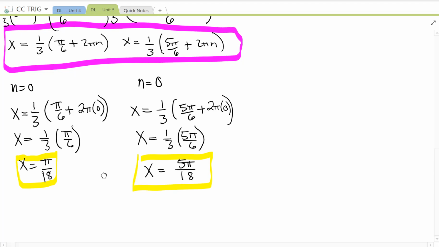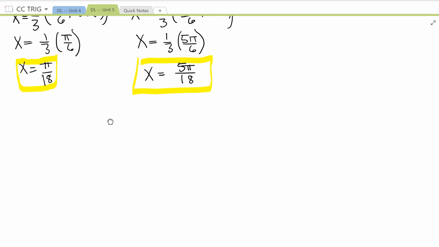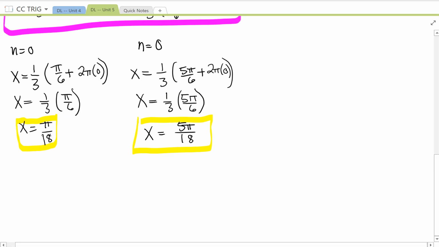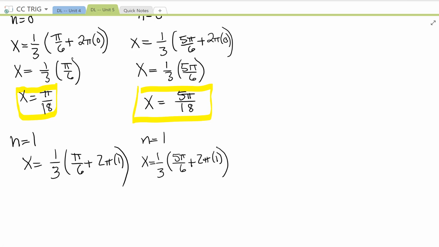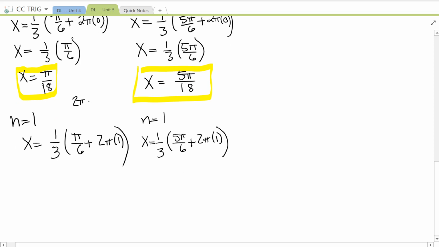We still have a lot more angles that are solutions between 0 and 2 pi. So what's the next integer we're going to plug in? We started with 0, let's plug in 1. What is 2 pi with the denominator of 6? Well, 2 pi times both by 6 is 12 pi over 6.